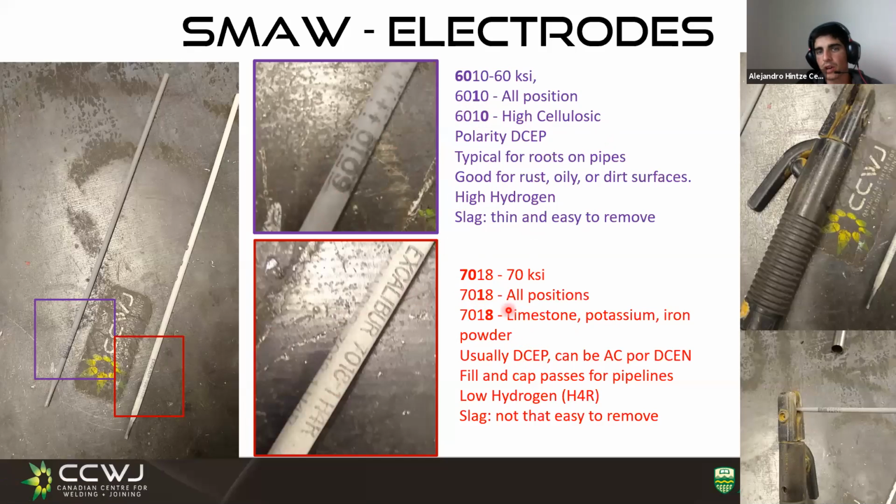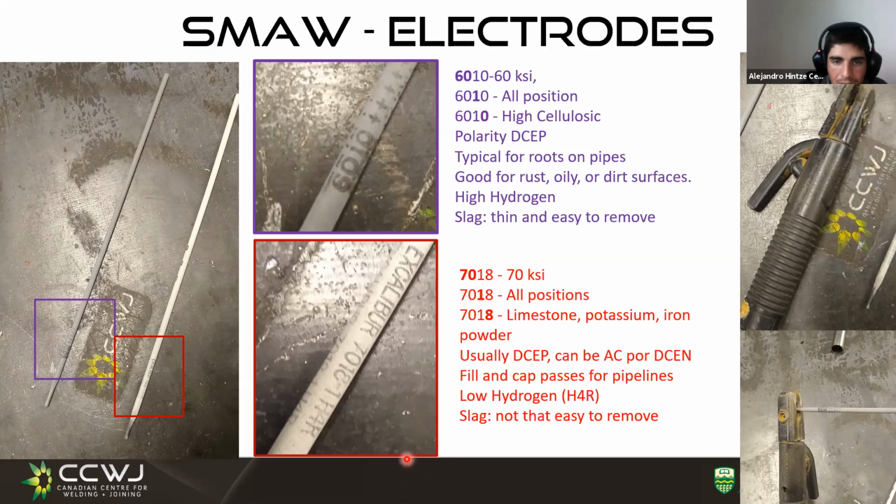But if we go to 7018, it has a little bit more strength, and it can be used in all positions. The 8 means that it has other elements or compounds there, like limestone, potassium, and iron powder. These are the elements that make the electrode easier to use.